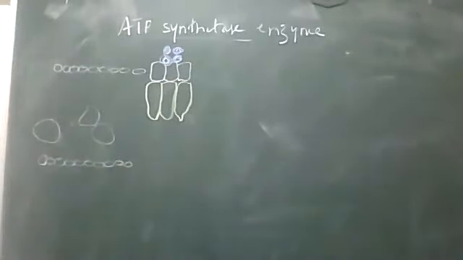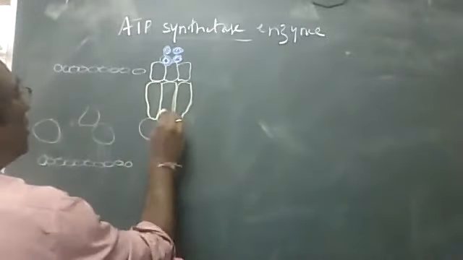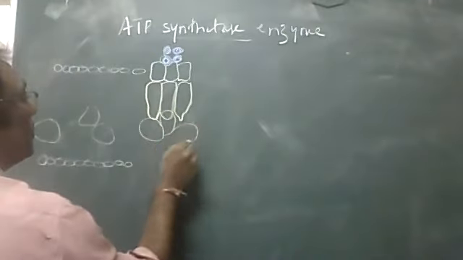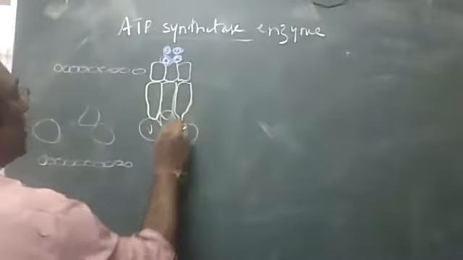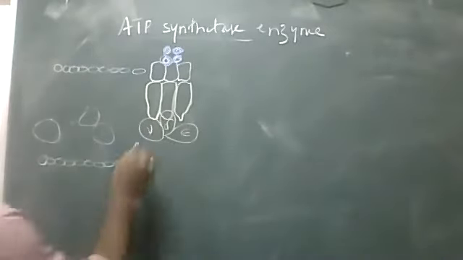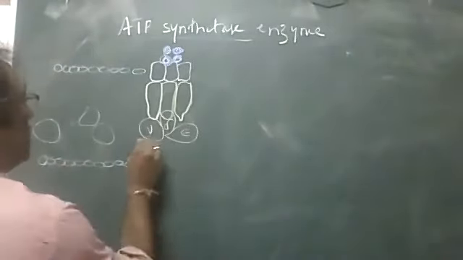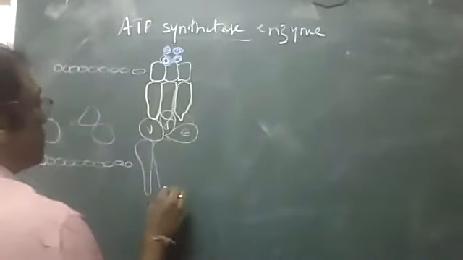Then you have alpha, beta, gamma. Sorry, gamma, epsilon, and delta. Like this. And then finally you have the alpha, beta sheets.